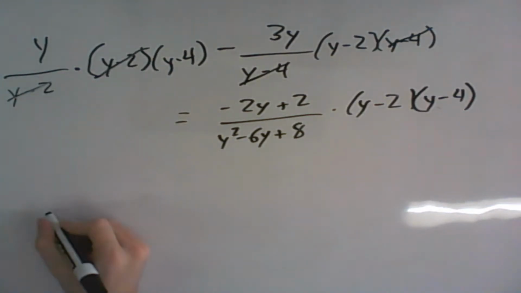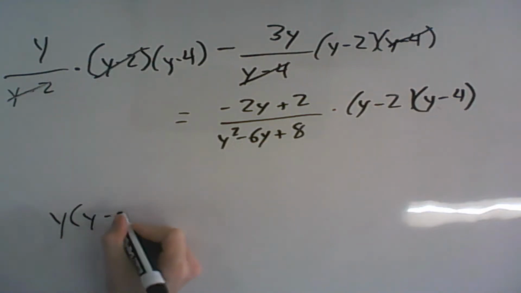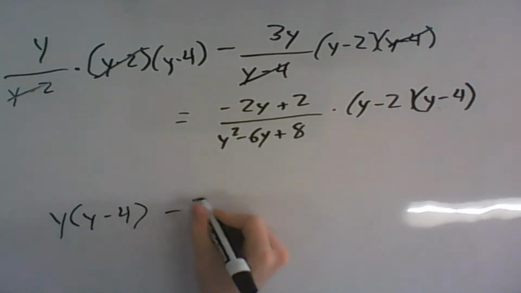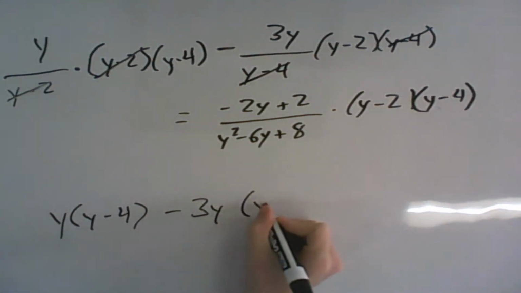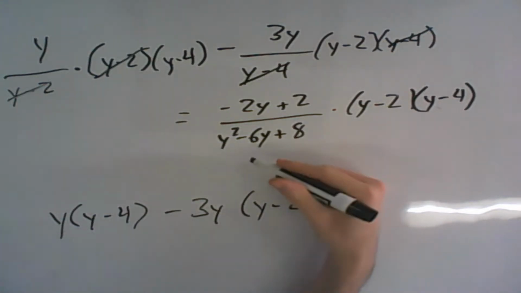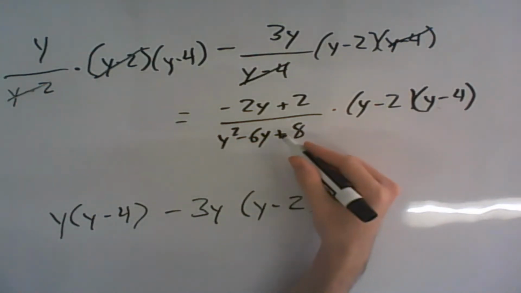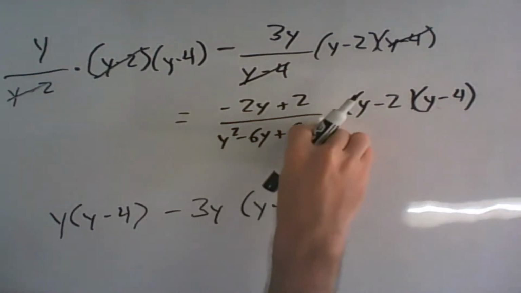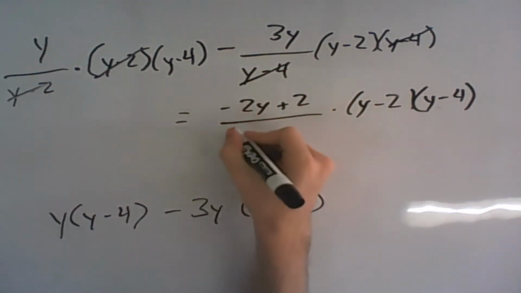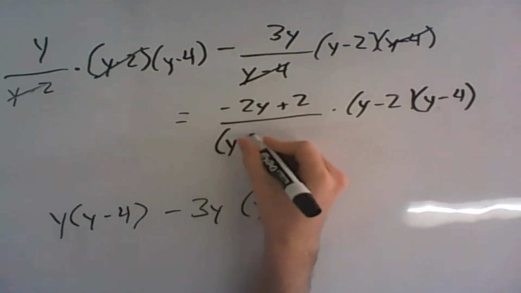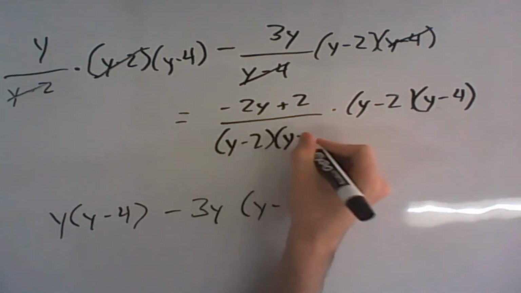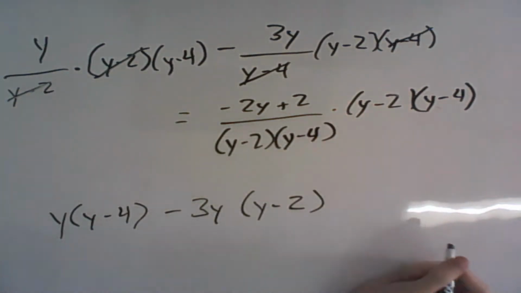So we get y times y minus 4 minus 3y times y minus 2. And over here in our denominator, this is actually the same thing as y minus 2 times y minus 4. If you factor it, this is the same thing.